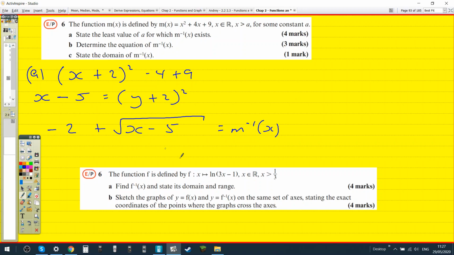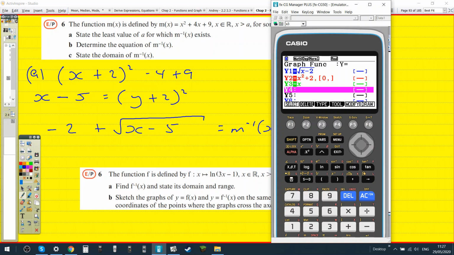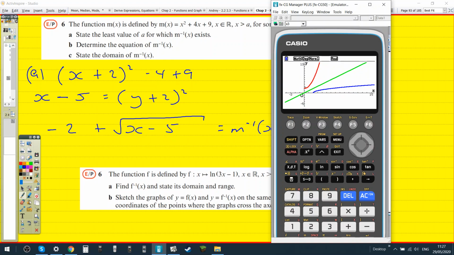I don't know. Would it be like 5? I think it's 5. Why is it 5? Because 5 minus 5 equals 0. Yes, and you can't have a square root of a negative. And also, what we saw earlier, remember we had to cut this red function in half?